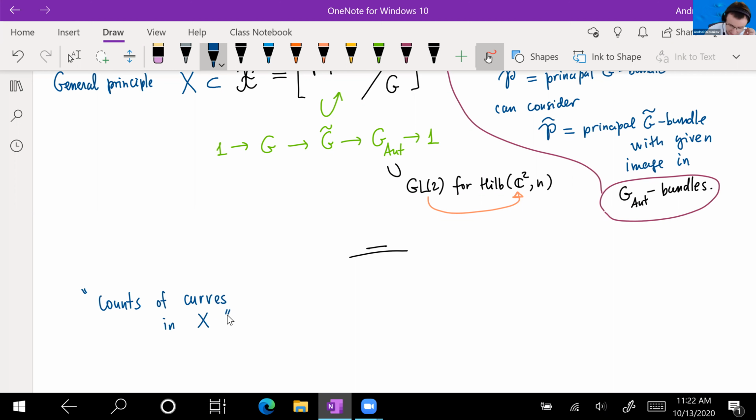And by curves, as I already discussed, these are more or less quasi-maps with some stability condition, since we want some proper moduli space. We discussed the options; there are many different versions of quasi-maps, and they're all interesting, but they should all be more or less equivalent.